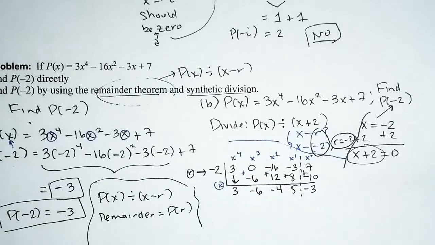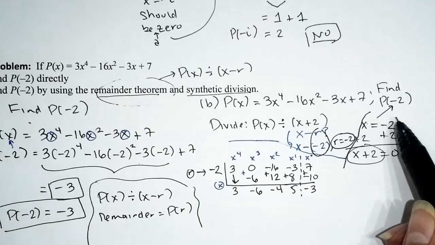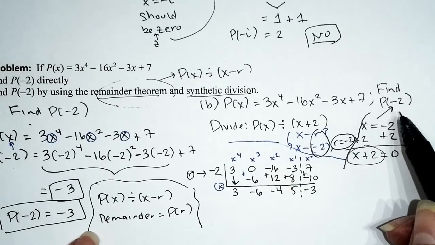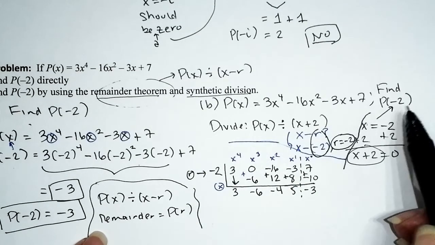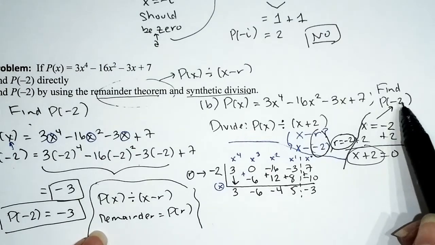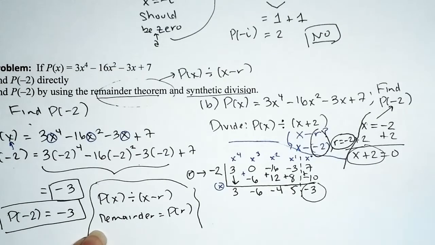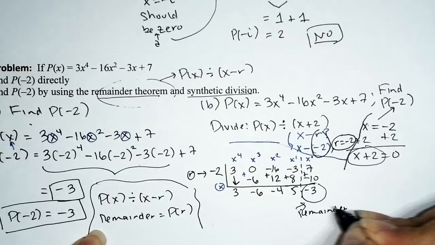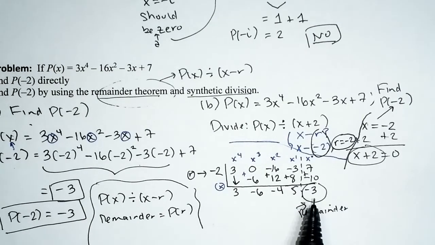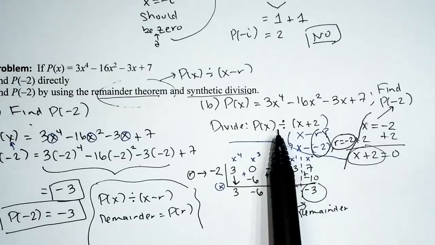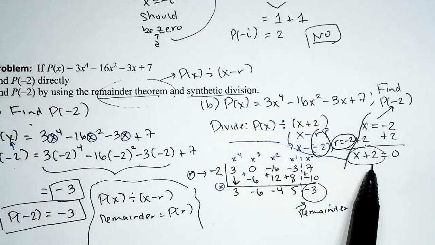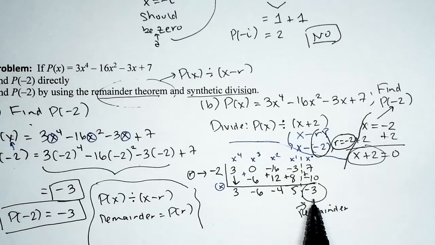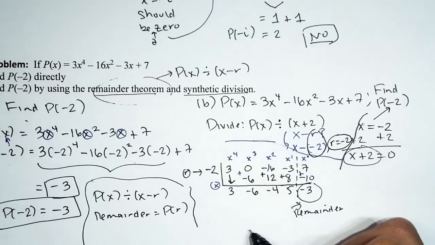So we wanted to find p of -2 by using the remainder theorem and synthetic division. So p of -2 is given by the remainder. Since the remainder is -3 when we took the polynomial and divided by x plus 2, that gives us a remainder of -3, and that will be p of -2.